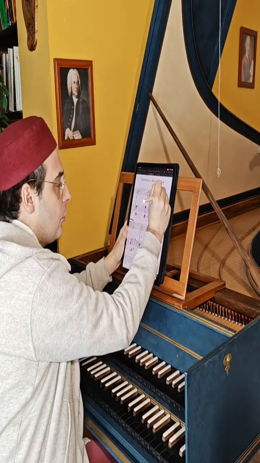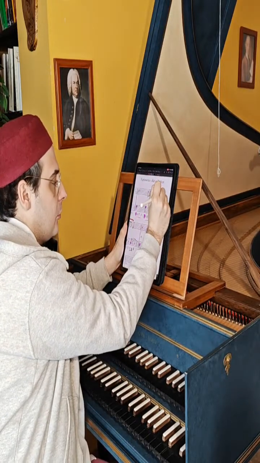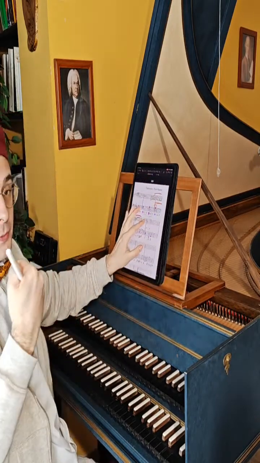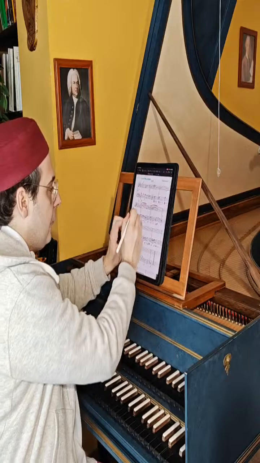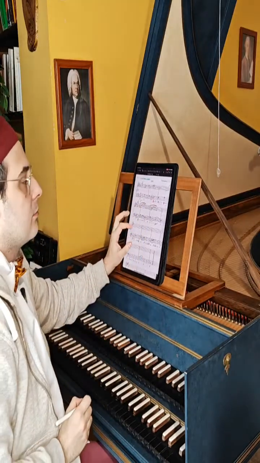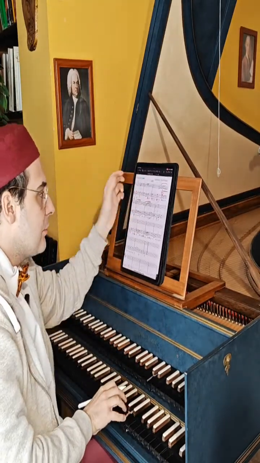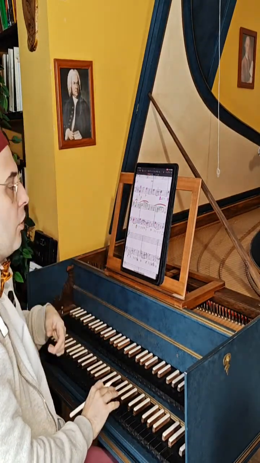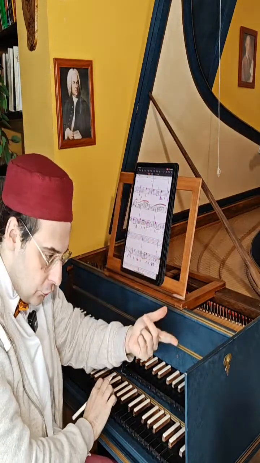So we have these little words, if we imagine a phrase composed of words, where the word starts before the downbeat and finishes on the downbeat. Here it is. Sol la sol fa mi re, la sol fa mi re do, sol fa mi la sol fa.